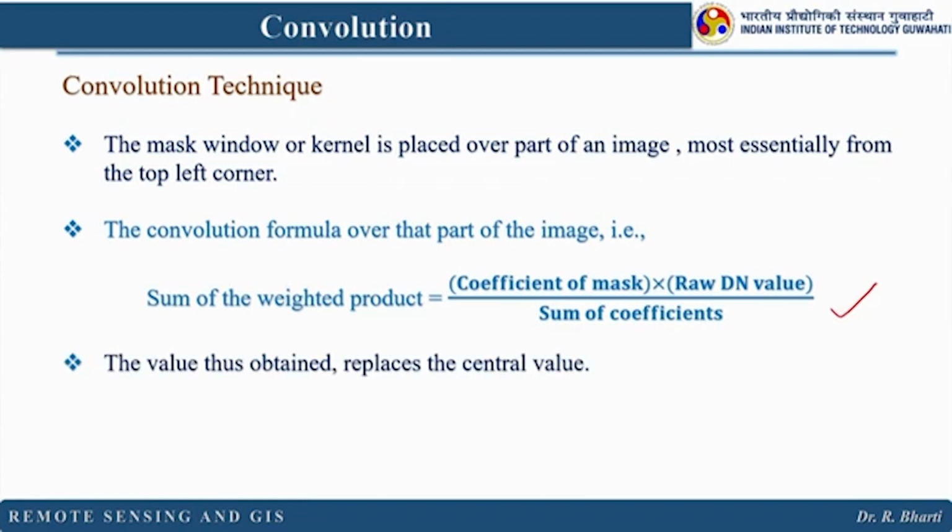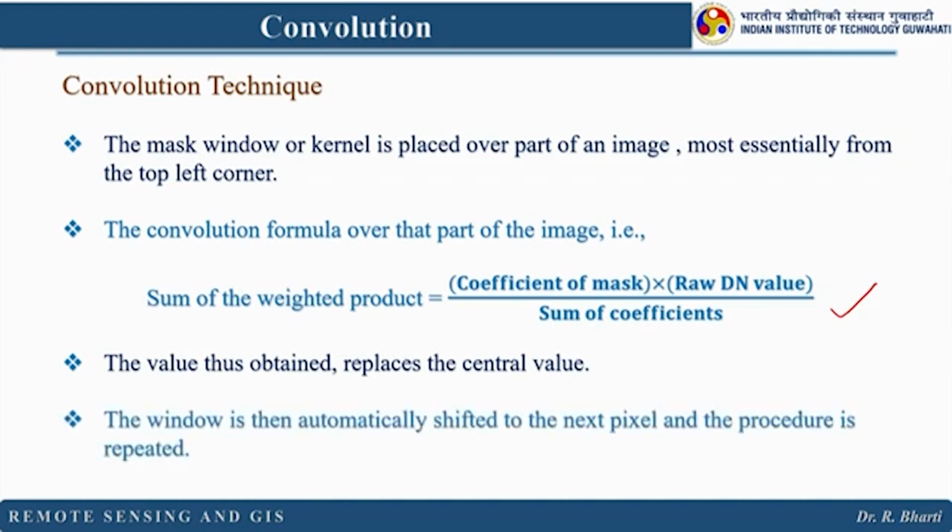The value thus obtained replaces the central value. As I told you, one by one we will calculate for all the pixels and the new calculated value will be used to replace the older values. The window is then automatically shifted to the next pixel and the procedure is repeated.